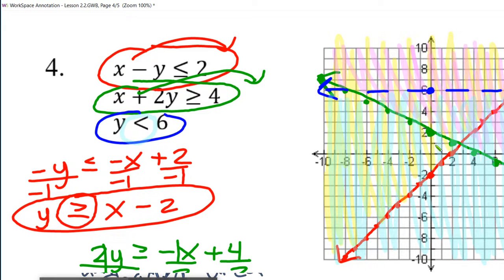Now, when I'm grading your paper, I'm looking for the darkest region. So where did the triple shading occur? This triangle right here in the middle. This should be the darkest space on your homework.